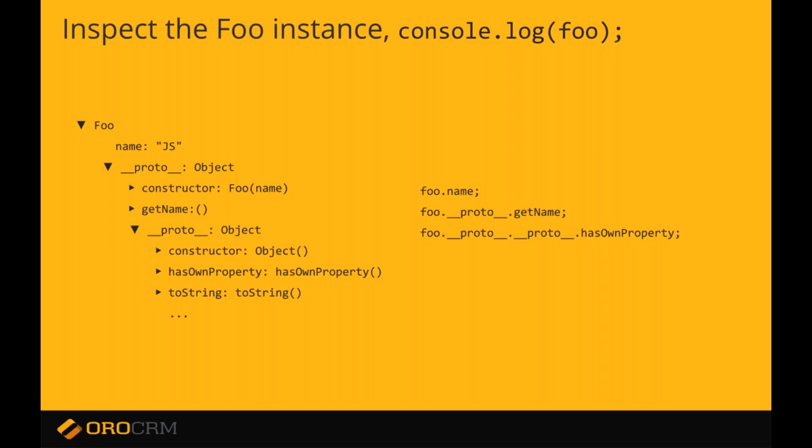To see it plainly, foo has own property name on the right side of the screen. Foo __proto__ has getName and own constructor. So all of these methods or properties can be invoked on the level of foo. We don't have to type the magic __proto__ property manually; the method will be searched automatically.